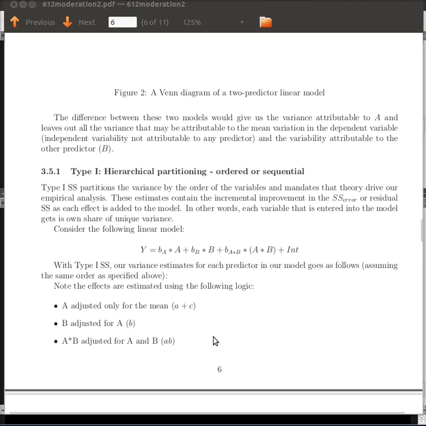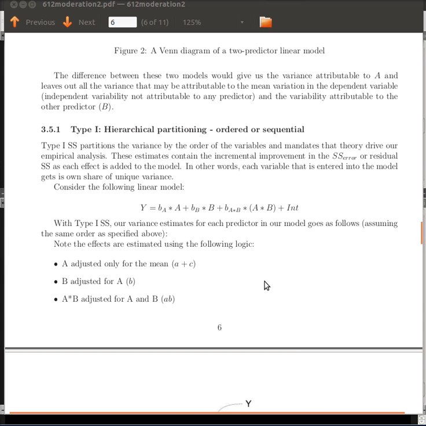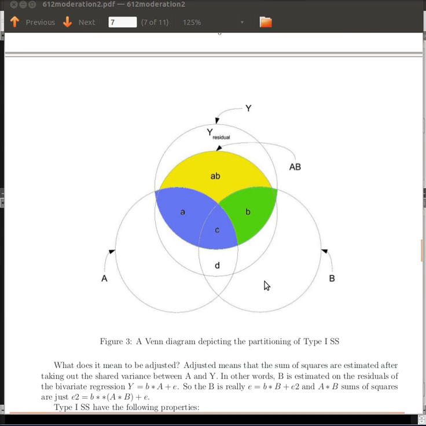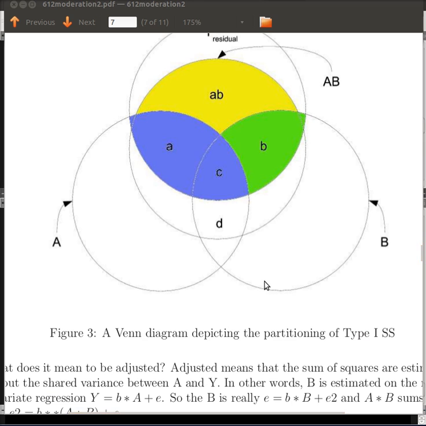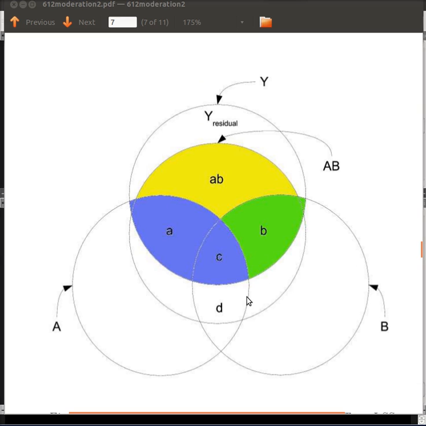Type 1 sums of squares is hierarchical partitioning, or ordered or sequential partitioning, of the sums of squares. And what I want to emphasize is really, again, the Venn diagrams. You can go through all the text again on the website. So when I'm testing hierarchically, I'm attributing all of the variance hierarchically to the effects.